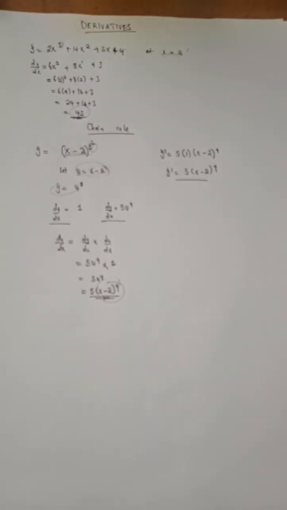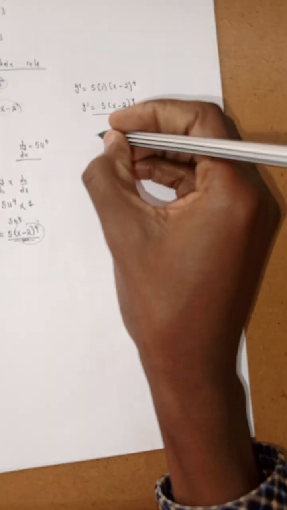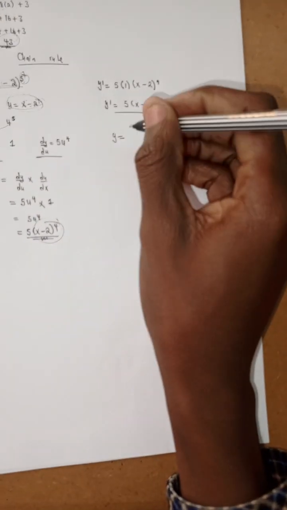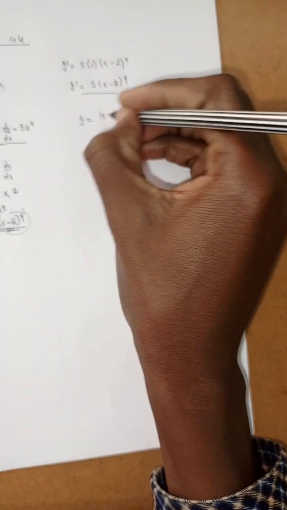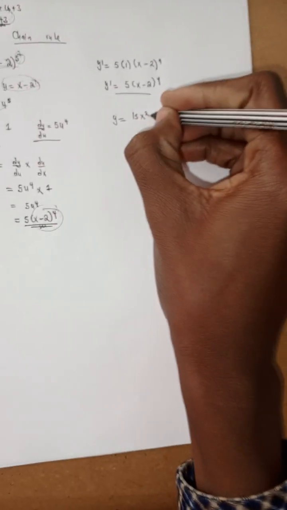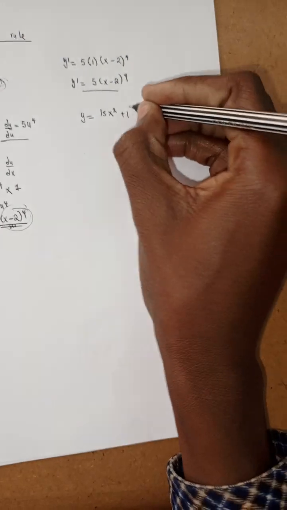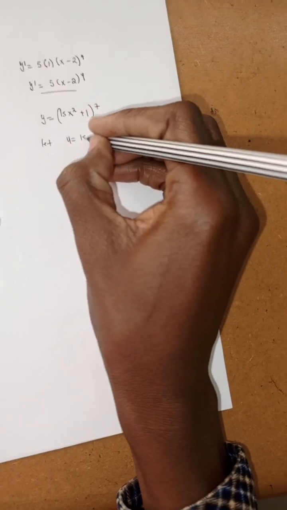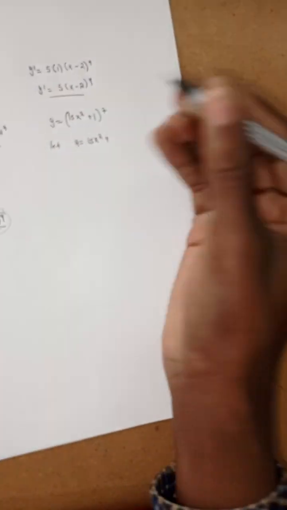So we move on and try a tutorial sheet question. So what we are given is y equals (15x squared plus 1) to the power 7. So as I said, we let the inside part be equal to u, can be any letter, but I just prefer u, don't know why.